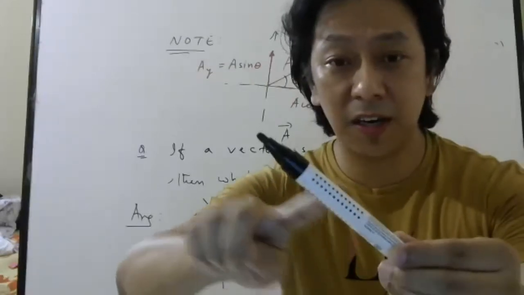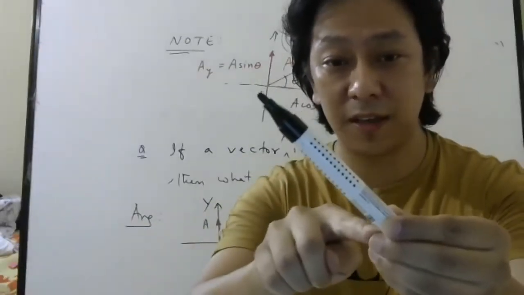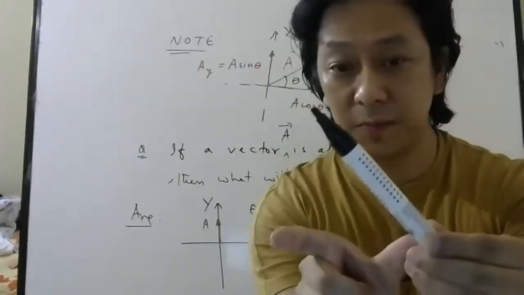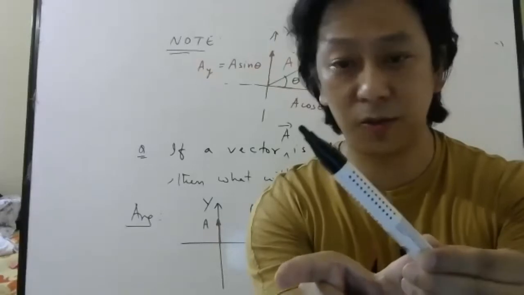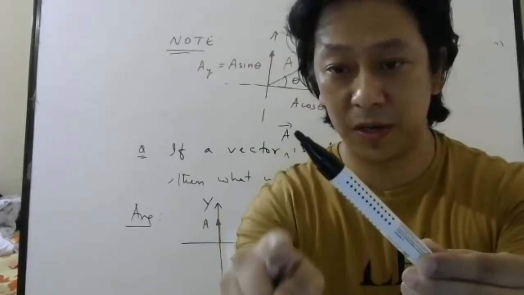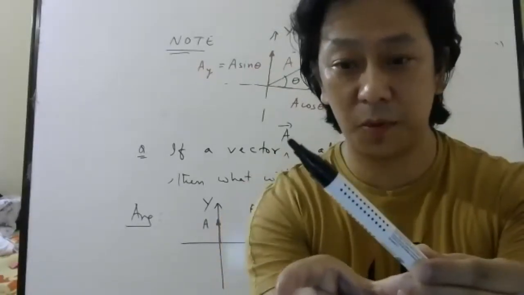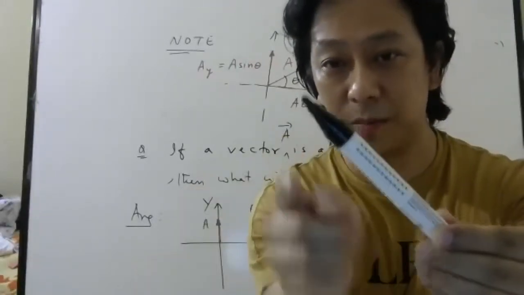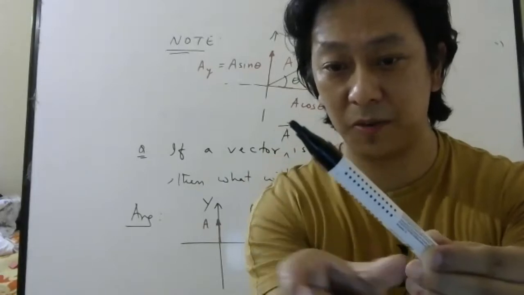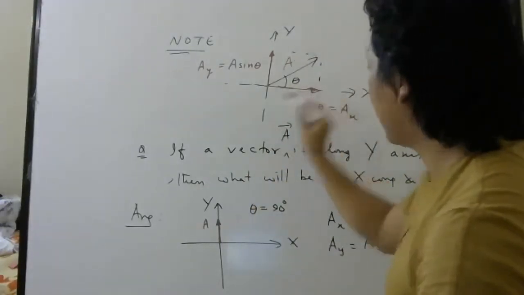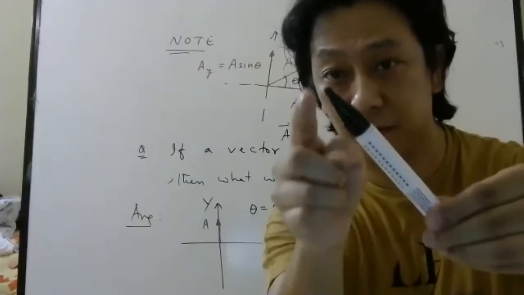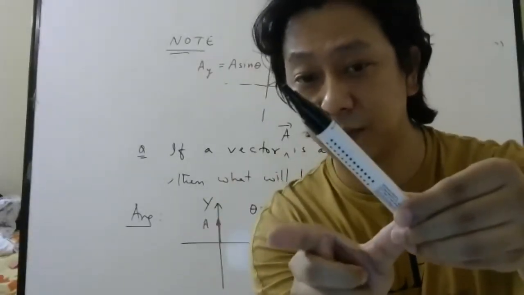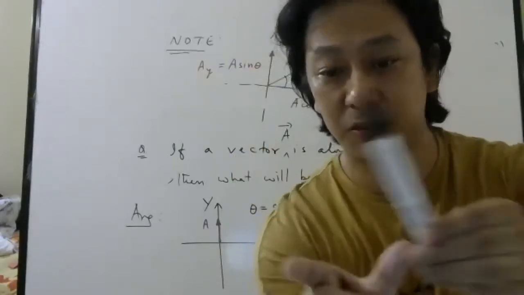So if this is a vector and I put x-axis here and y-axis here, then this much is your x component. From here you drop a perpendicular. This is your x component and this is your y component, right? Now see what happens to this x component, this length.